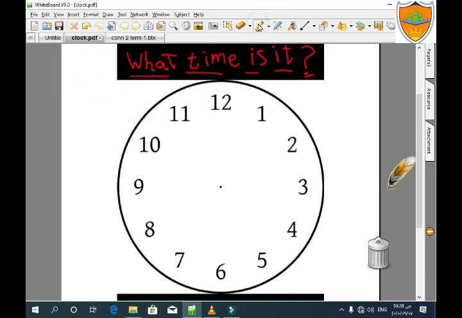Another example. What if the long hand is on 6 and the short hand is on 3? So now, what time is it? It's 3:30.